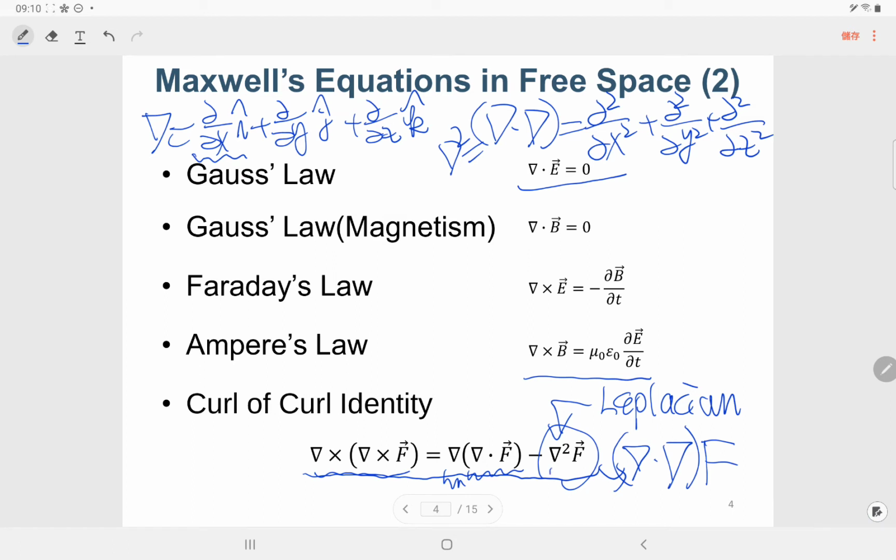And this is a scalar operator, not a vector operator. So this scalar operator operates on the vector field, and it is still a vector field, another vector field. The curl of a vector field is still a vector field, so both sides are vector fields.